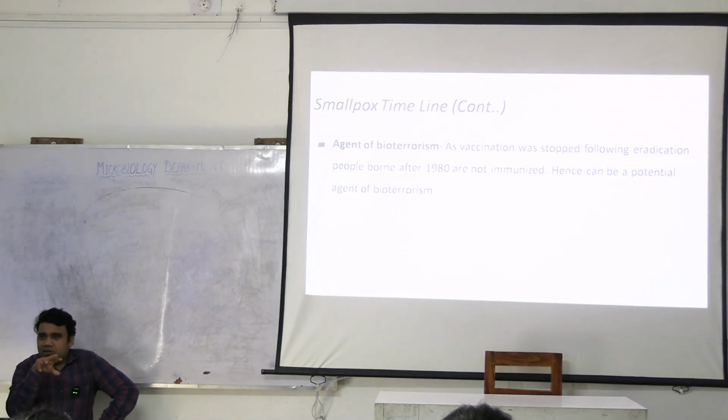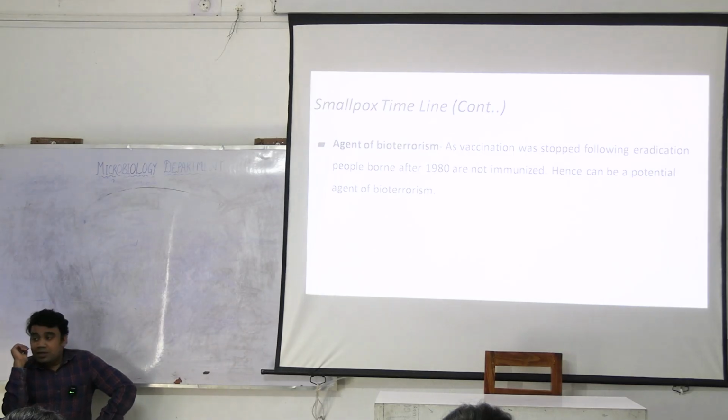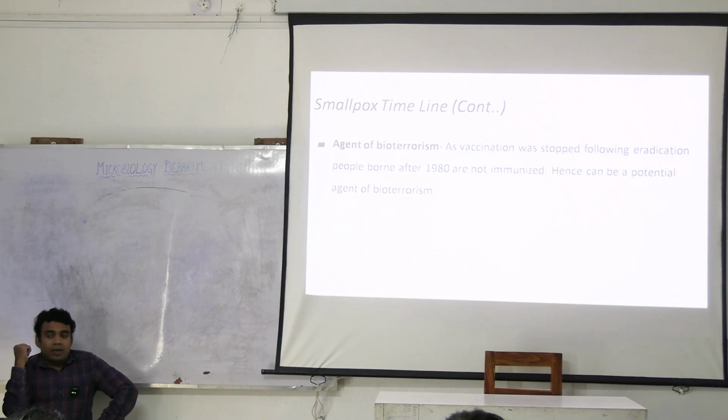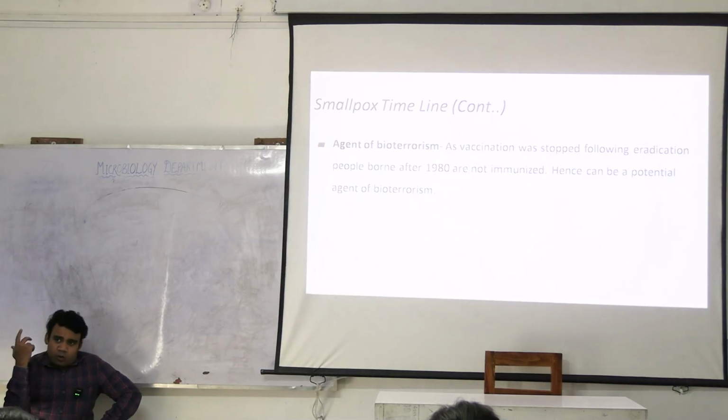But today's generation, because smallpox was eradicated in the 1980s, almost 100% of the population are susceptible to smallpox. And with a high mortality rate of 97%, if this virus or another virus similar to smallpox mutates, it can cause havoc in the human population. This is why the virus is maintained in two selected laboratories, so that we can produce vaccines if required.